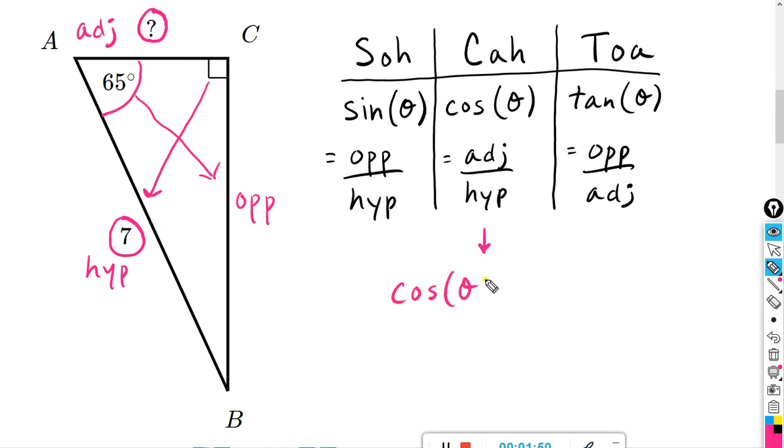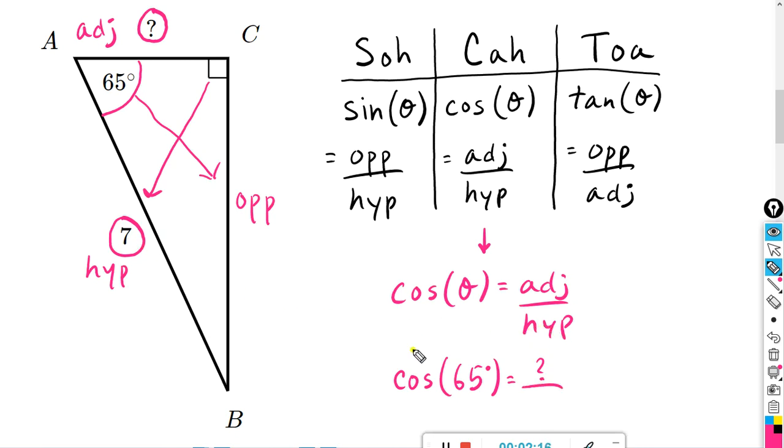Cosine of the angle equals adjacent over hypotenuse. All right, so the angle is 65 degrees. The adjacent is unknown, so we'll just keep it as a question mark.